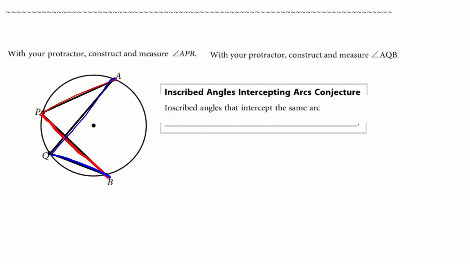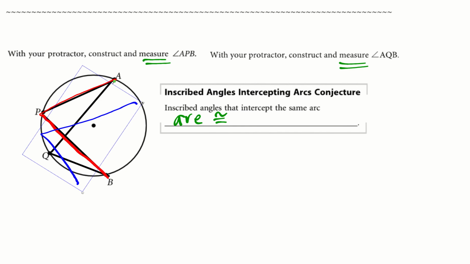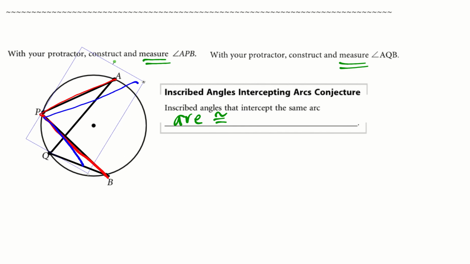Now this one says inscribed angles, and the part that you would do is measure these using your protractor just to verify that this conjecture holds true. Inscribed angles that intercept the same arc are, in fact, congruent. What we can do is take one of these, let's say angle AQB, rotate it a little bit as if this were a piece of patty paper, and see if we can fit it right on top of the other angle, and it looks like we can.